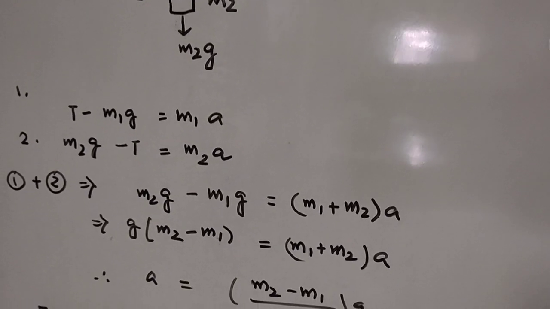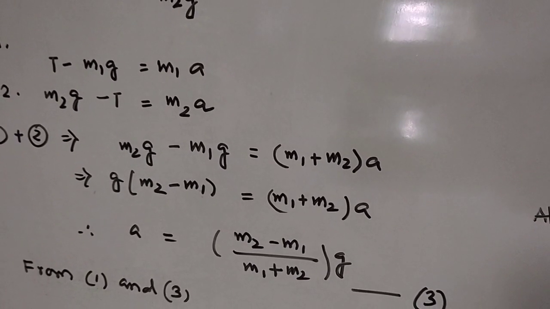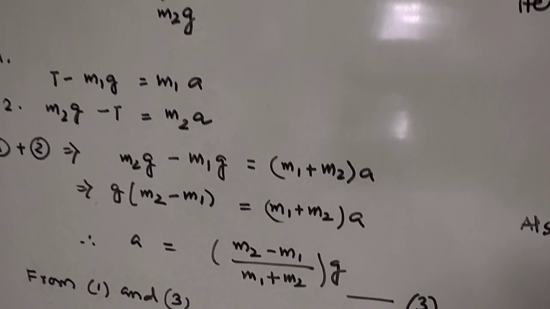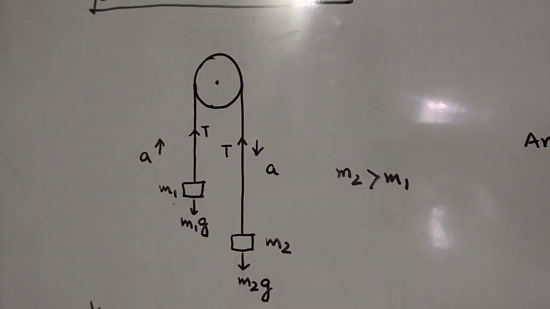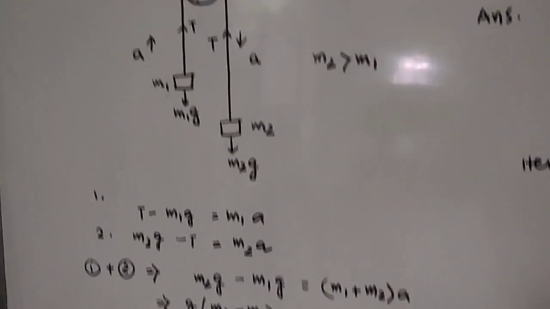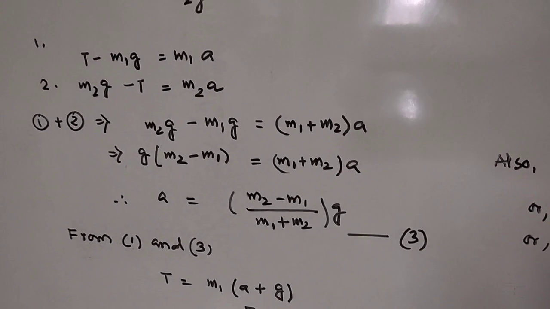So g(m2 minus m1) equals (m1 plus m2)a, so a is equal to (m2 minus m1) by (m1 plus m2) times g. So this is the acceleration of the system, by which one side is moving up and the other side is getting down.